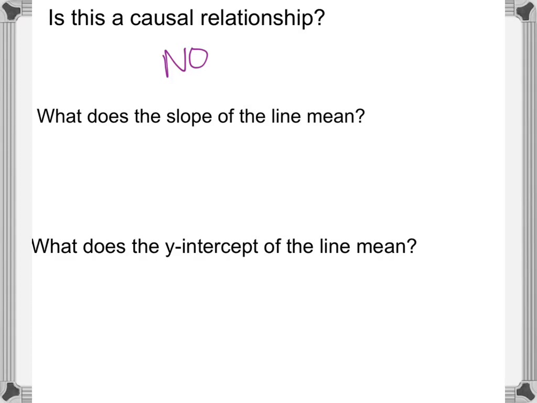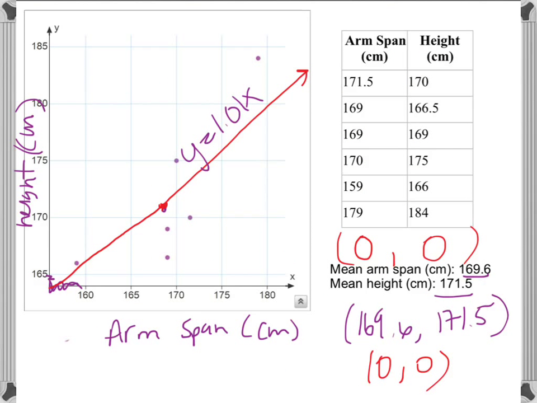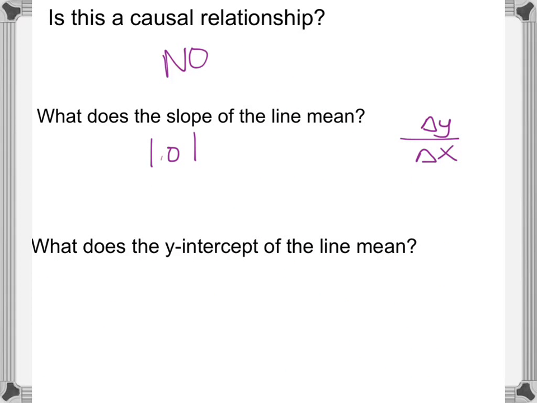What does the slope of the line mean? Well, the slope was 1.01. So remember, that's the change in y over the change in x. So our y here was our height, let's just check back, versus 1 centimeter of change in our arm span.